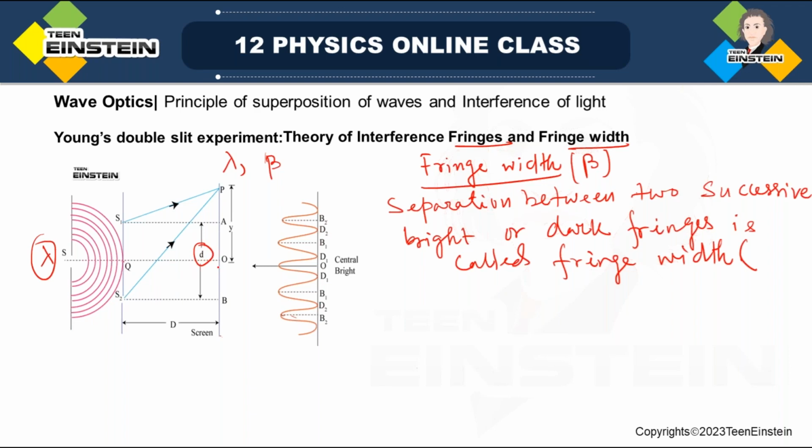There is a screen on which we can see the dark and bright fringes, and that screen is a capital D distance away from the slits. Now we have to find out beta. Lambda, d are known quantities, so beta has to be found from small d, capital D, and y. Let us do that.